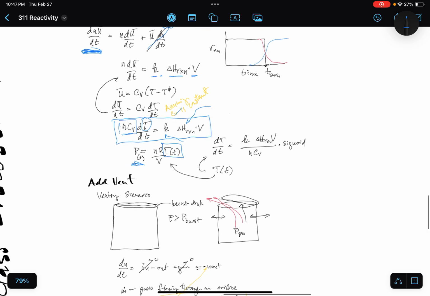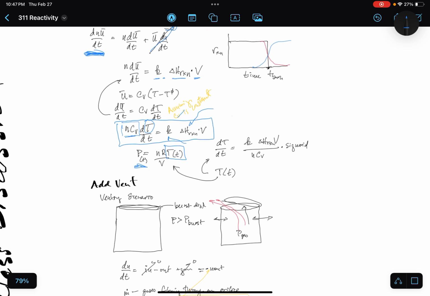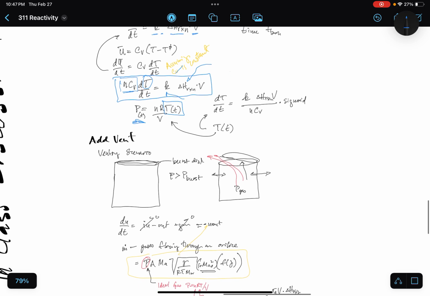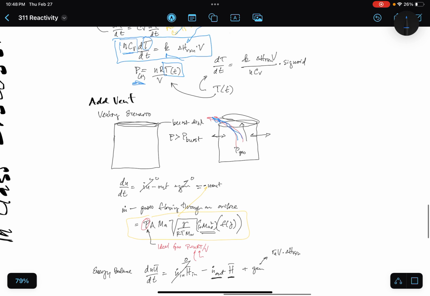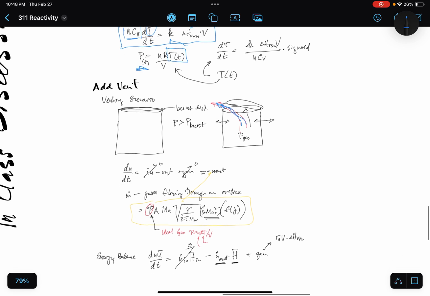You can use similar models or energy balances to get what would happen in a processing scenario: would the pressure exceed the pressure rating for the vessel or the room, and maybe I should vent it to allow gases to vent out, put in a pressure relieving valve or maybe a blowout panel. You can do this similar kind of mass and energy balance.